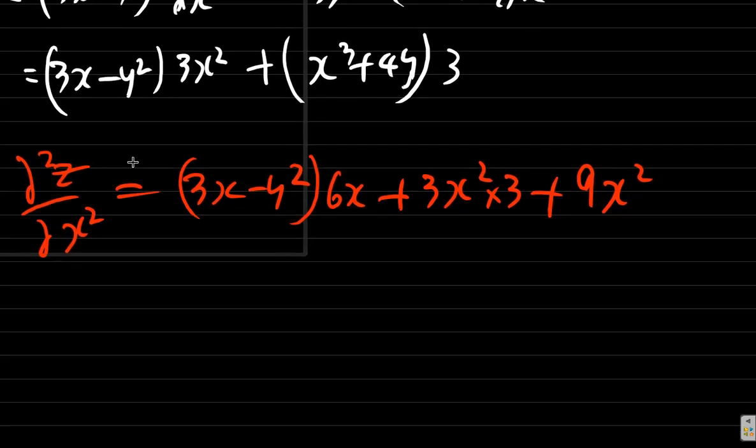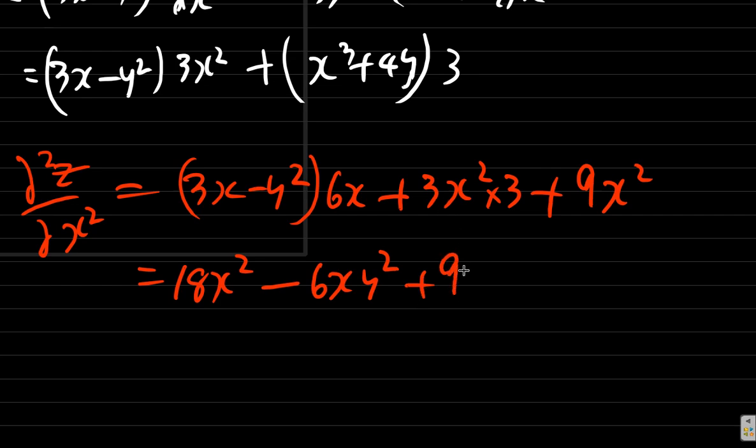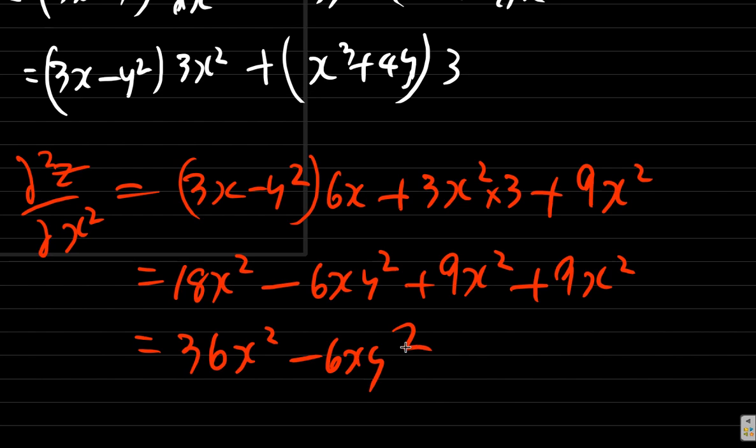Then when you multiply out and add, this is the part that I missed first. 6 3s is 18x squared minus 6xy squared plus 3 3s is 9x squared plus 9x squared. 9 and 9, 18. 18 and 18, 36x squared minus 6xy squared. Oh, that's what I did.